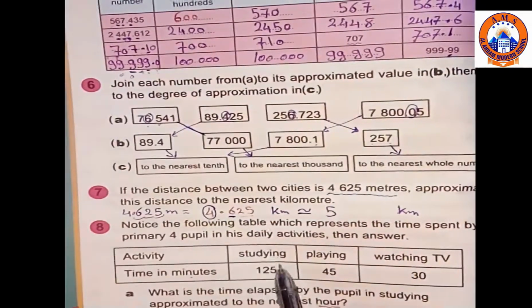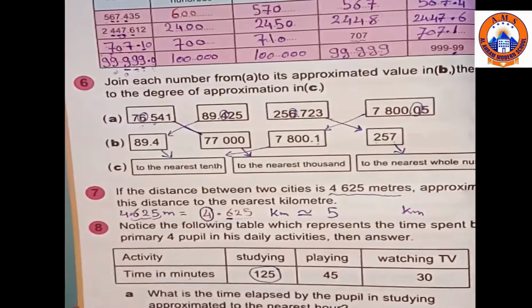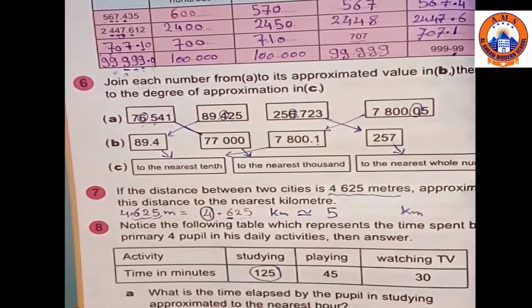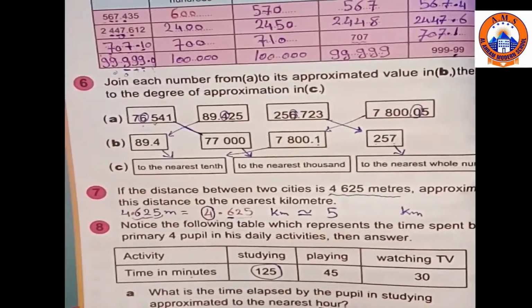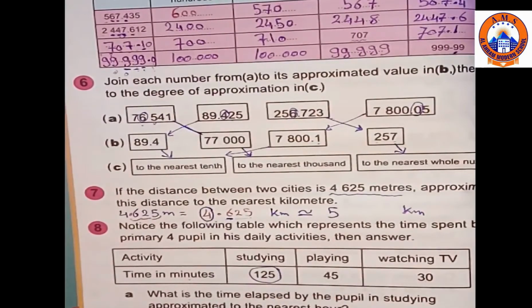So the time of studying is 125. But this 125 is in minutes, and we want to change it first into hours, then approximate to the nearest hour. To change from minutes into hours, the hour contains 60 minutes.